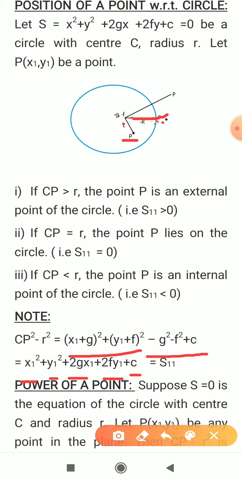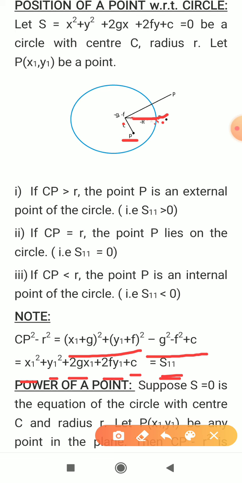You observe that from notations, this is nothing but x1 square plus y1 square plus 2gx1 plus 2fy1 plus c, which is simply S11. So that means CP square minus R square is S11. You remember, very very important, CP square minus R square is equal to S11. Very useful for the next concepts.